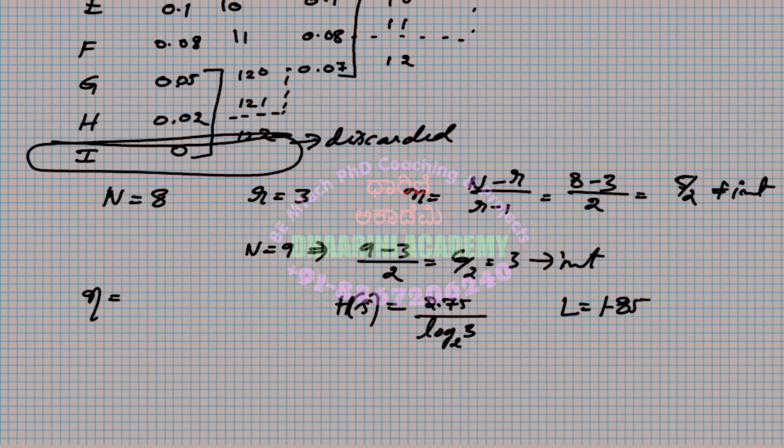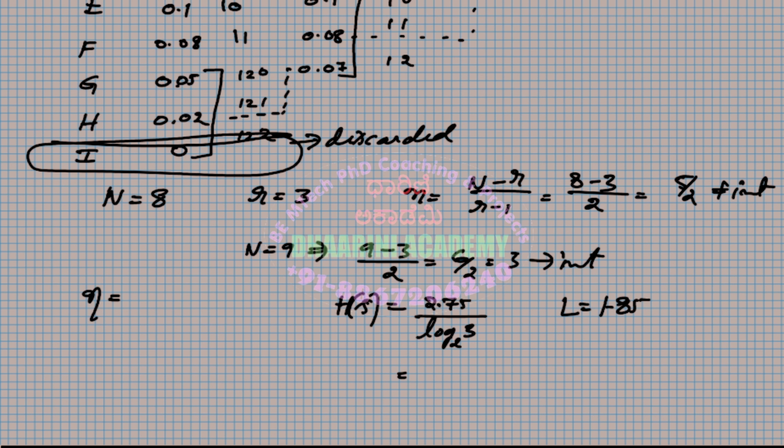Now it is not normal log, right? You already have considered log to the base 2 in H(S). So I should cancel that log to the base 2 by dividing by log to the base 2 of 3. So when I write log to the base 2 of 3, answer gets converted into log to the base 3. Okay, yes. Now you will get the answer.